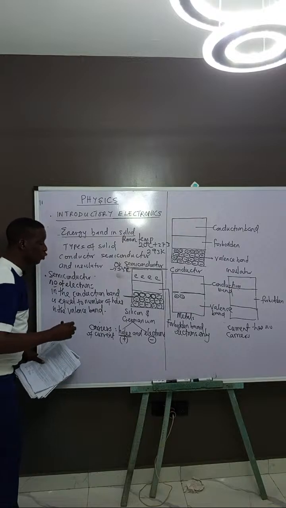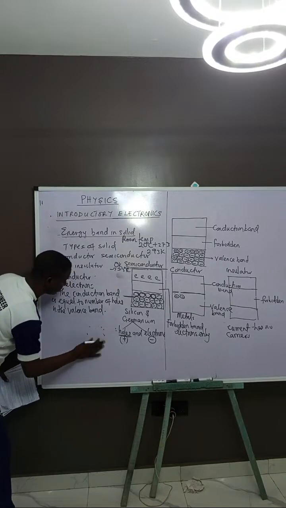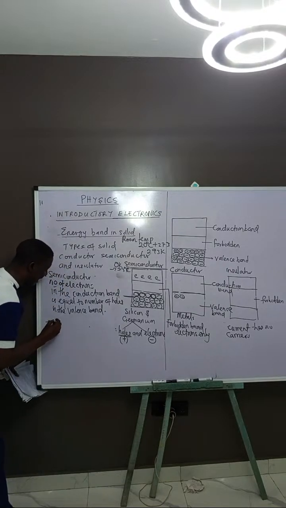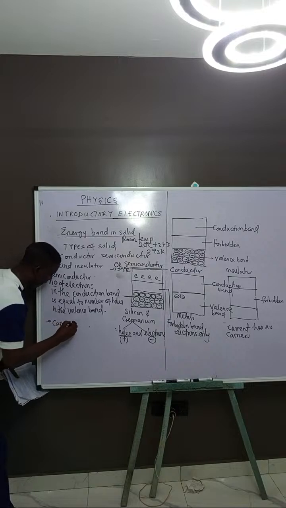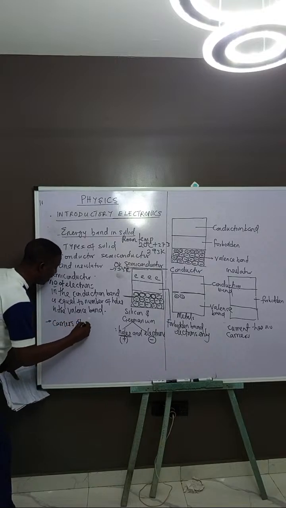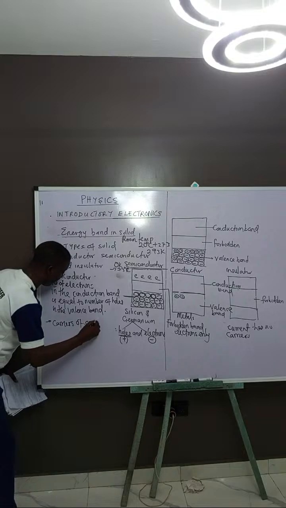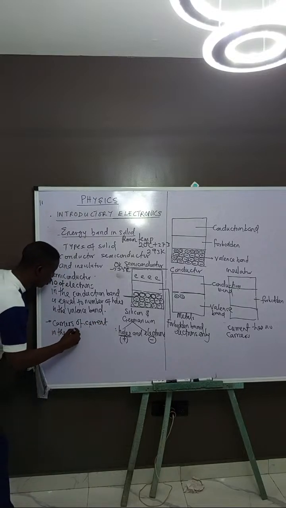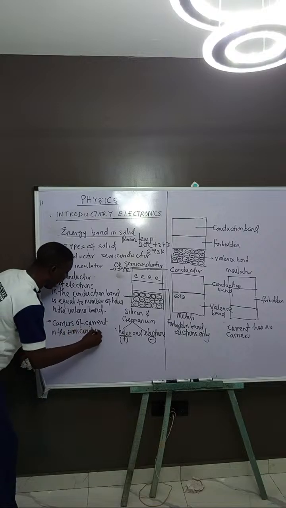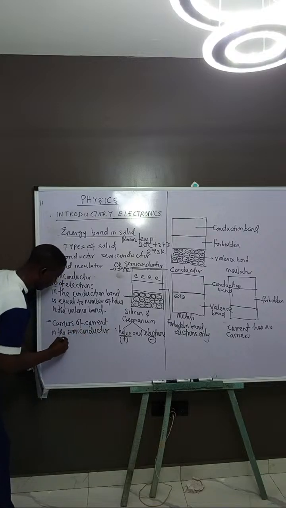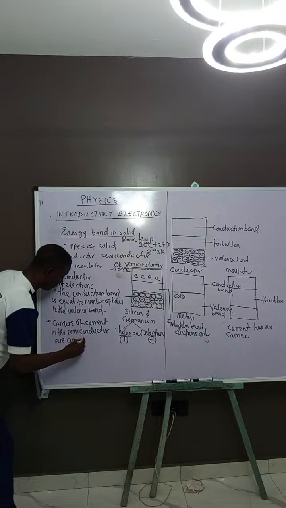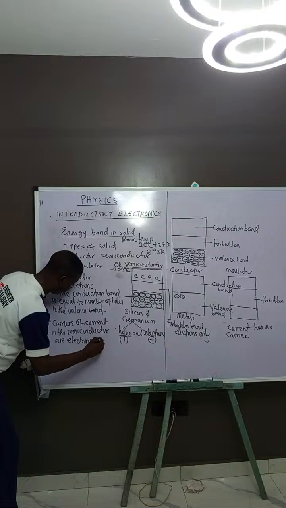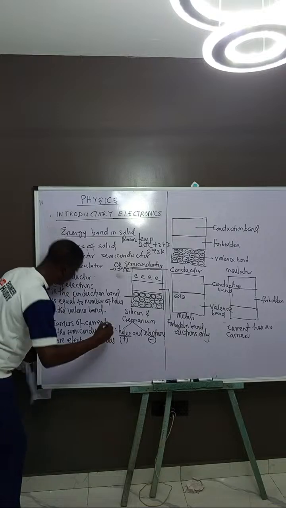Number 2 point you need to take is this: the carriers of current in the semiconductor are electrons and holes. That is number 2. I'm giving a summary.